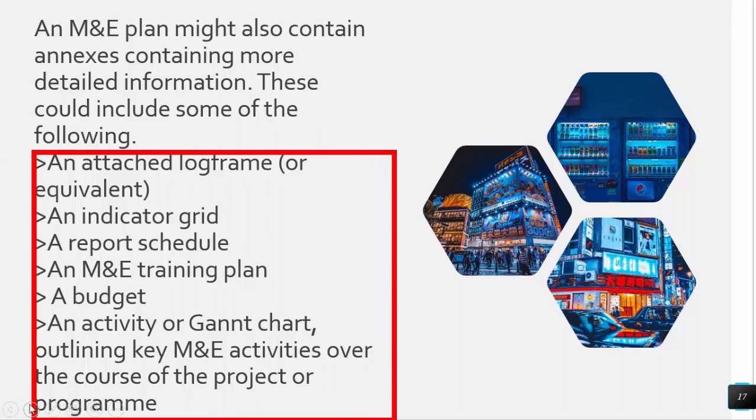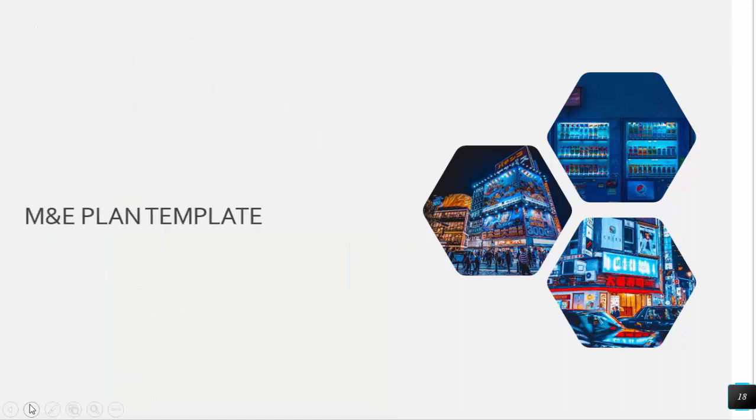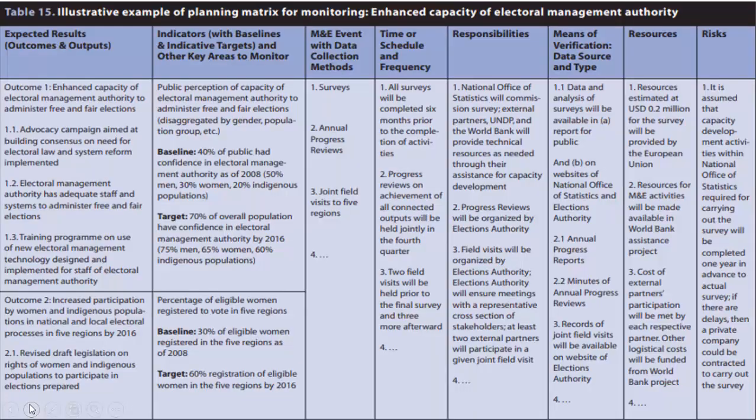Please take note of those aspects I talked about. Actually, that's not the M&D plan template. Sorry guys, it's the M&D framework template. So when you want to come up with an M&D framework, just simply use the layout which has been exhibited here.